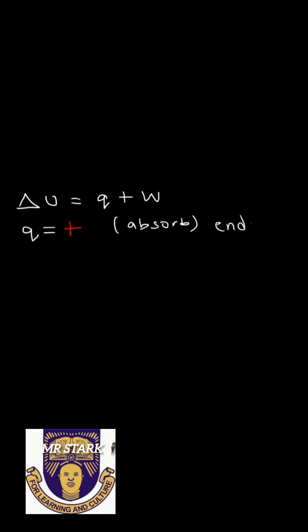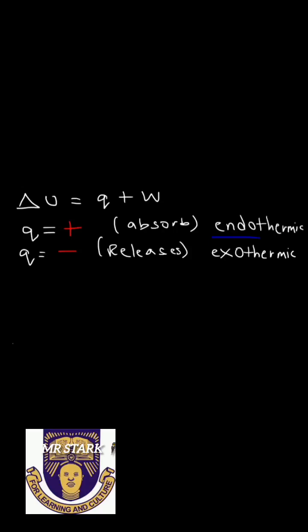This is an endothermic process whenever heat energy is absorbed. Now Q is negative whenever the system releases heat energy, and so heat energy flows out of the system into the surroundings. And so this is an exothermic process. So anytime heat energy is released, it's exothermic, and when heat energy is absorbed by the system, it's endothermic. So for an exothermic process, Q is negative, and for an endothermic process, Q is positive.